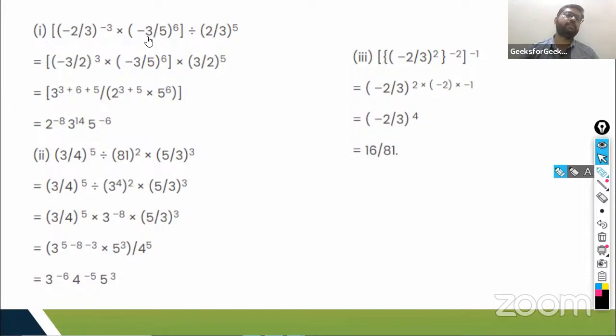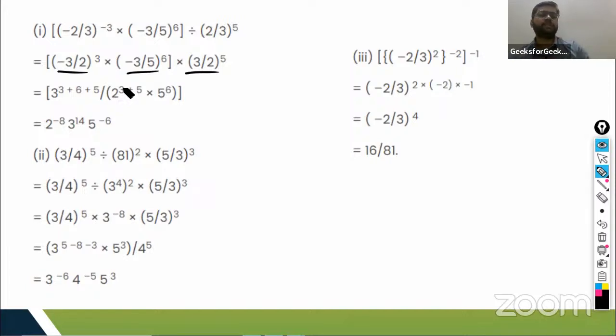Once it's coming as a denominator, the whole thing can change. -3/2 is coming like this. All the bases having the same thing will come on the same side, and all the bases having 2 and 5 will come on the same side. So इसके basis पर आप इसके आंसर को मैच कर सकते हो.